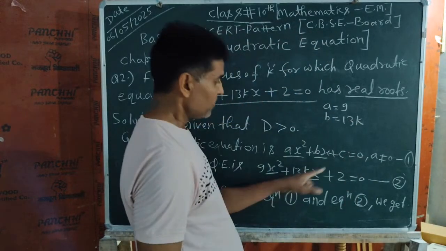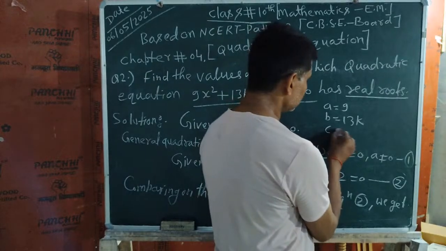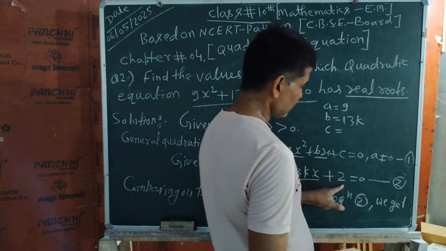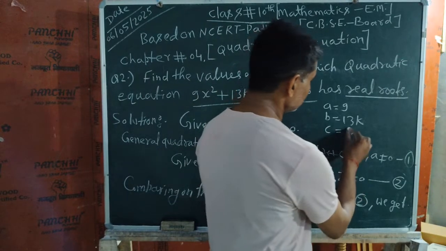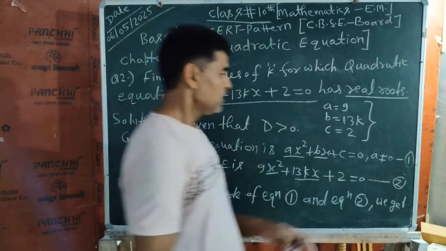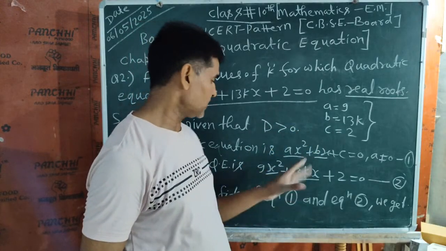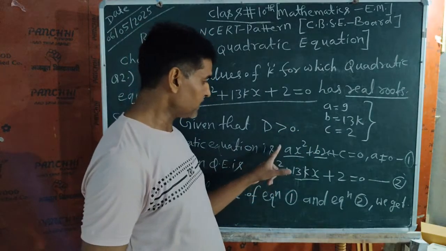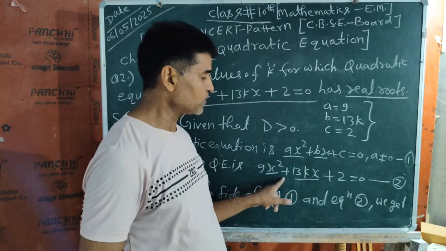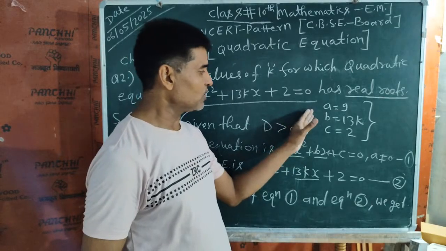Now in equation number 1 the constant term is c, and in equation number 2 the constant term is 2. This information I have obtained by comparing equation 1 and equation 2 on both sides.